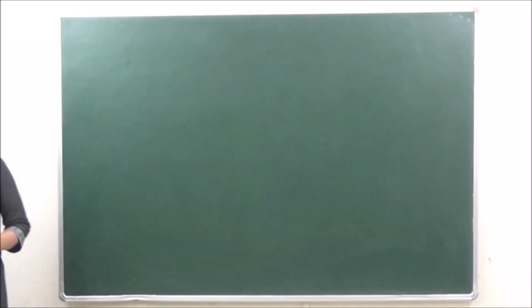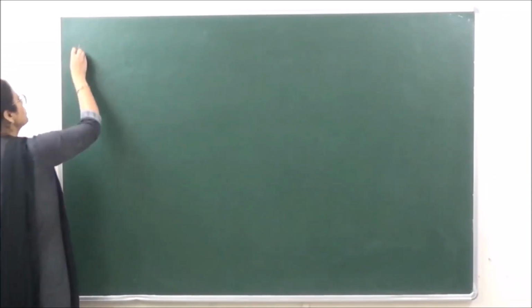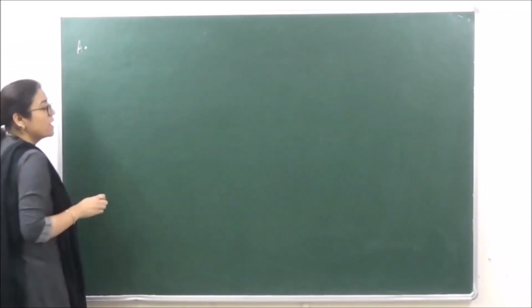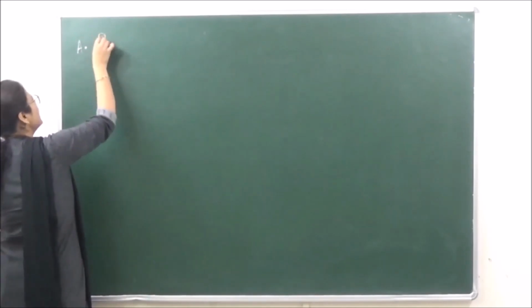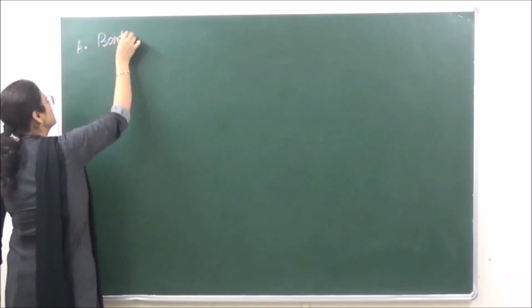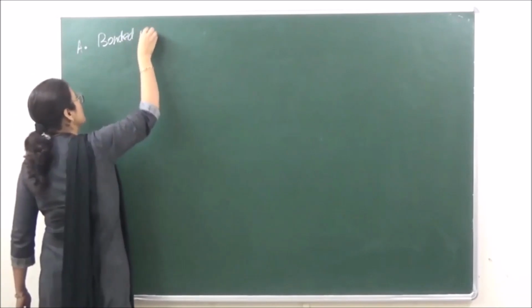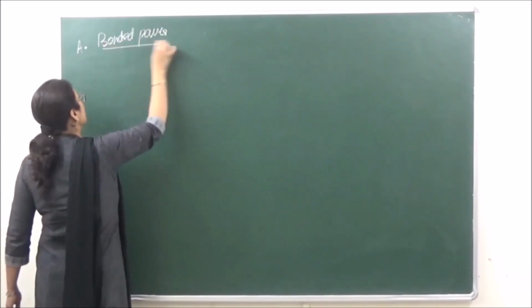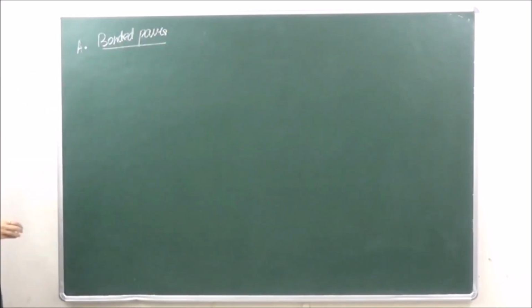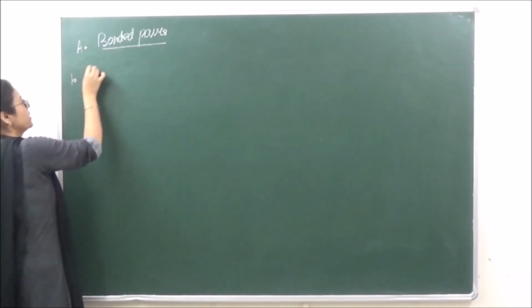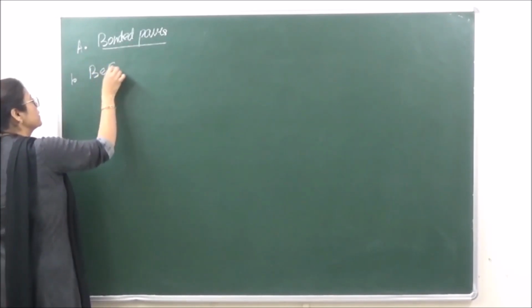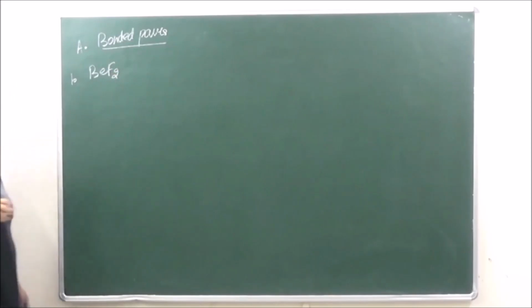Okay, so the first type of molecules which we are going to discuss are those which have only bonded pairs. So the first molecule over here is BeF2.